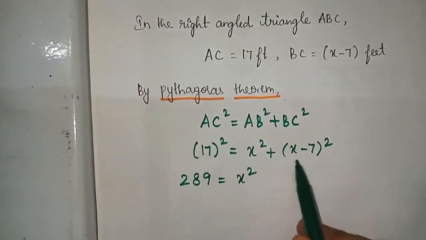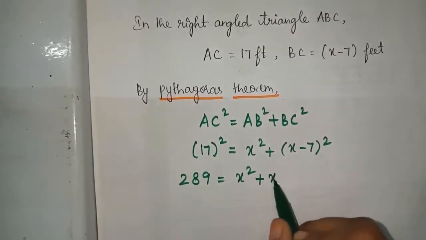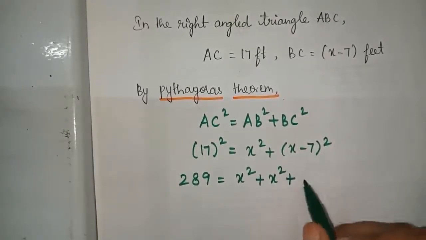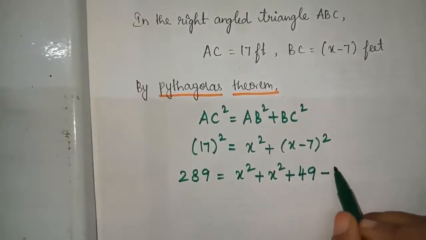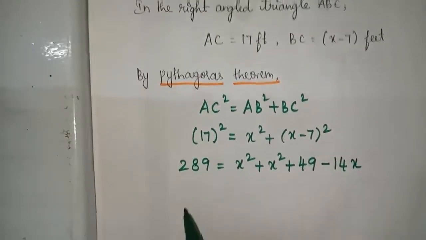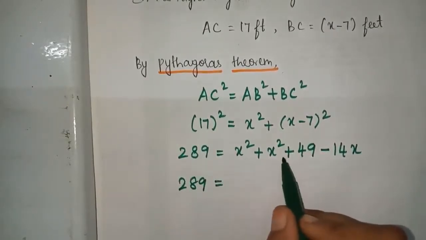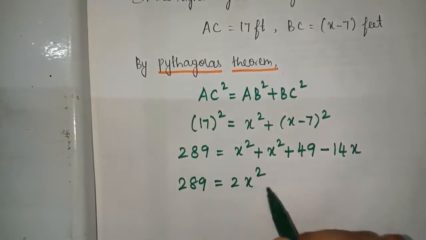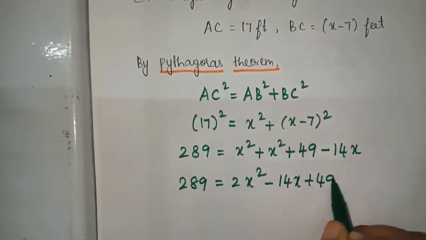It is in the form of a minus b whole square, so you have to expand it: x square plus 7 square, which is 49, minus 2ab, so minus 14x. So 289 is equal to x square plus x square, which is 2x square, minus 14x plus 49.